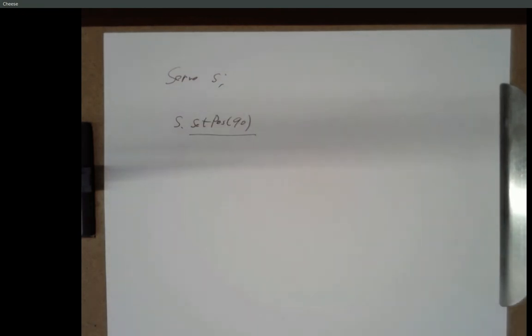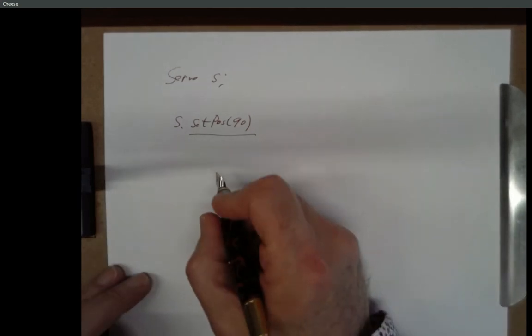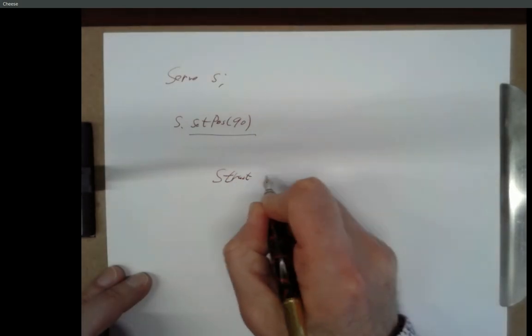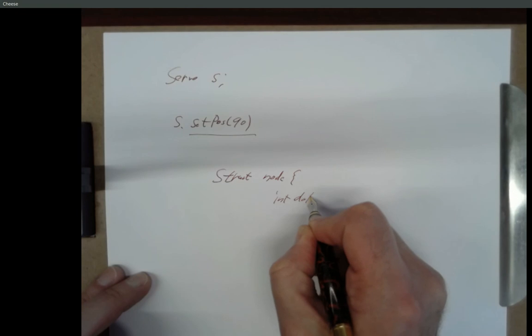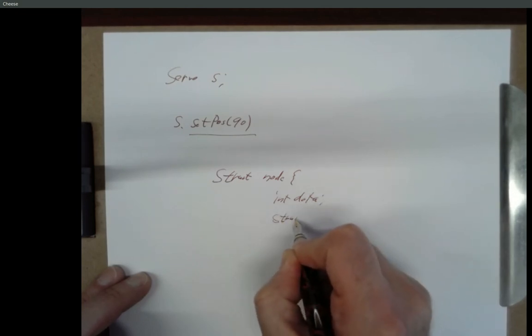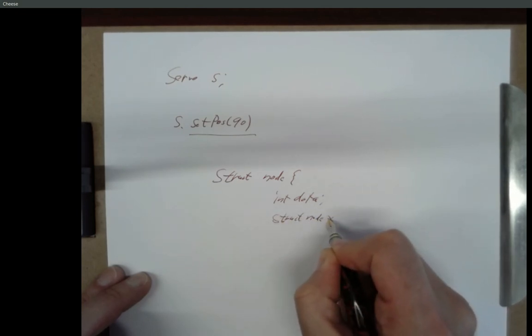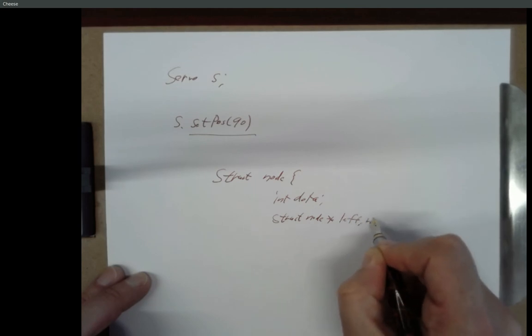So in C, in this course, we created structures and we had something like a struct T node. Let me just call it a node. And it had a piece of data, and it had pointers that we called left and right.